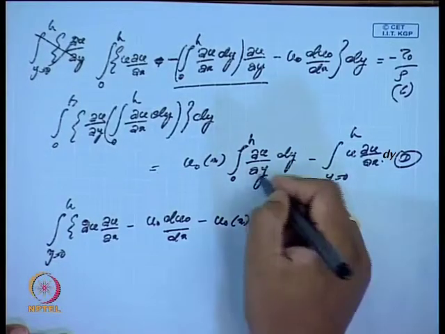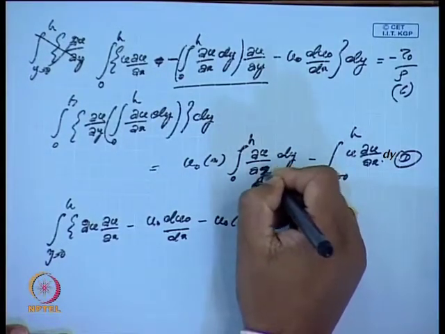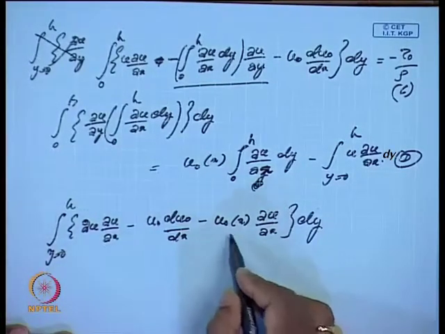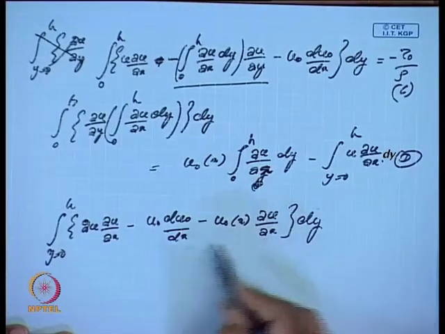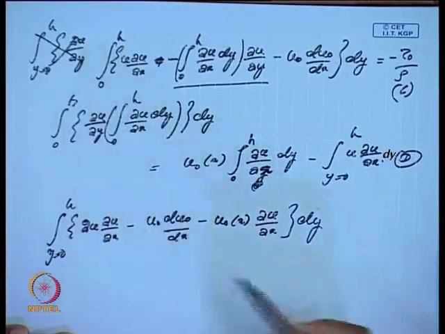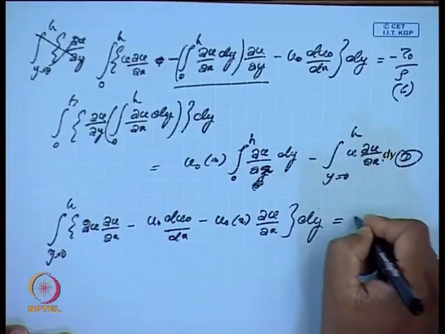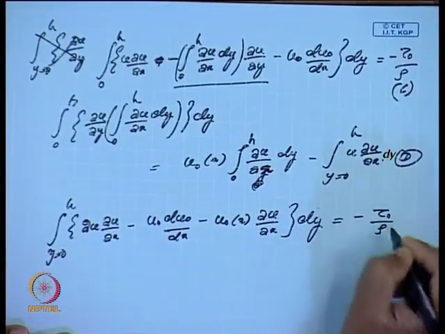So u naught x del u by del x, this term is there, this is there, and u naught is there. So, this is what I will get, and this is nothing but minus tau naught by rho.